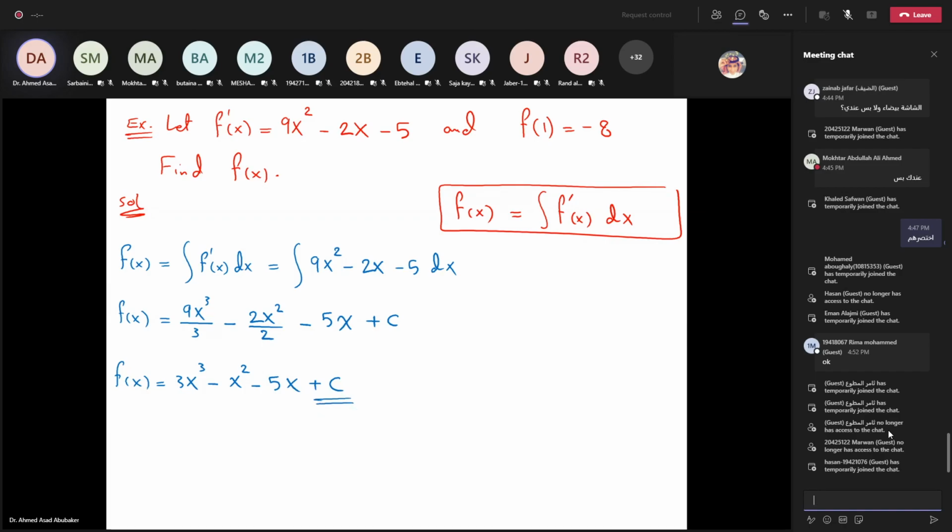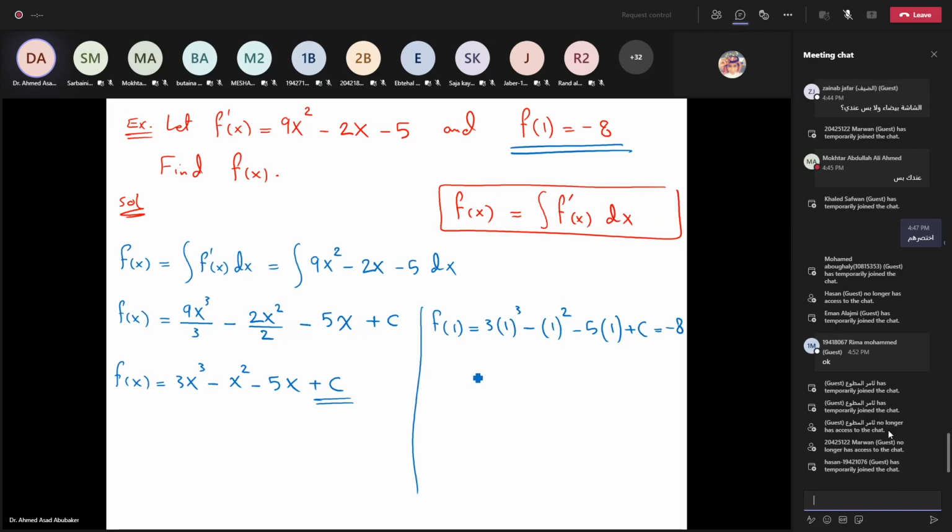This is f of x, but we have c. So how can we find the value of c? We can find the value of c from the given information. This means f(1) equals 3 multiplied by 1 to the power 3 minus 1 squared minus 5 multiplied by 1 plus c, and this equals negative 8.